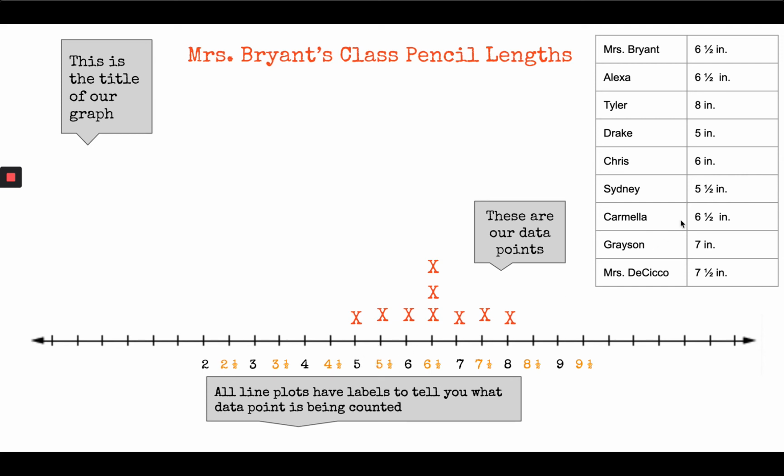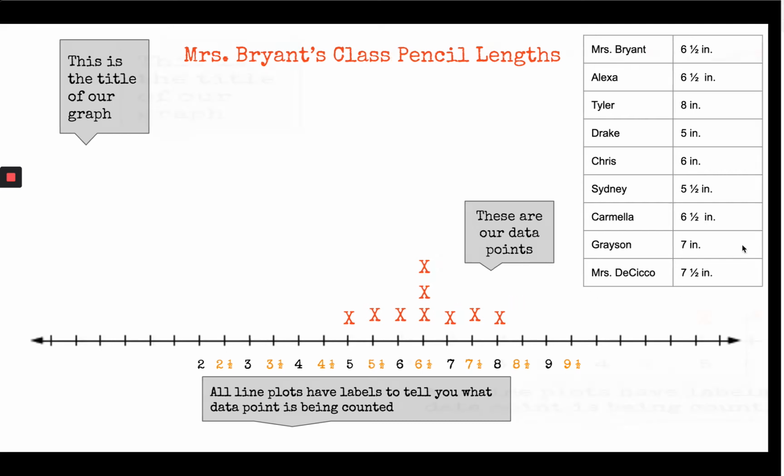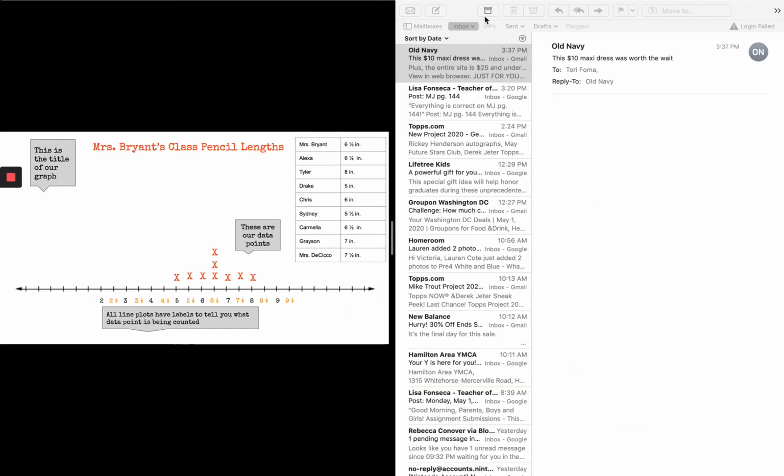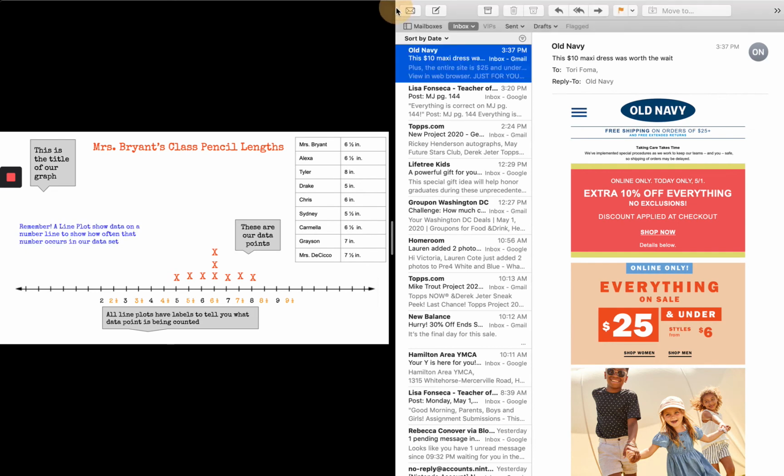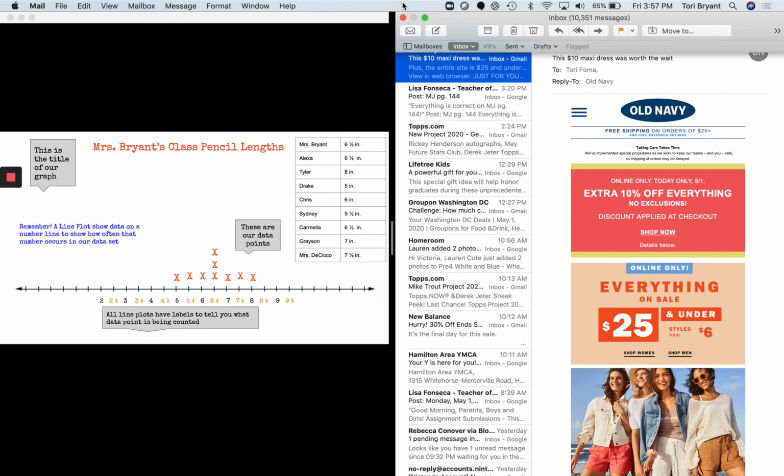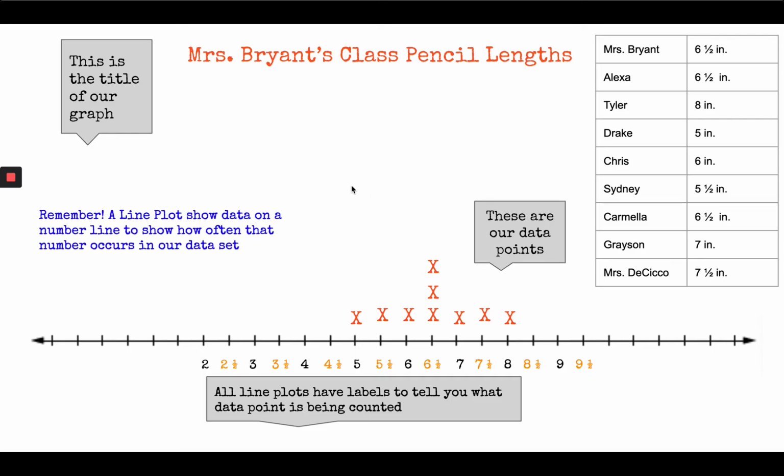Carmela also had a 6.5-inch pencil. So I stuck her right here at 6.5. Now you'll see that there are 3 X's here because look. Sorry, my screen always does that. You'll see that I've got 6.5, 6.5, 6.5.